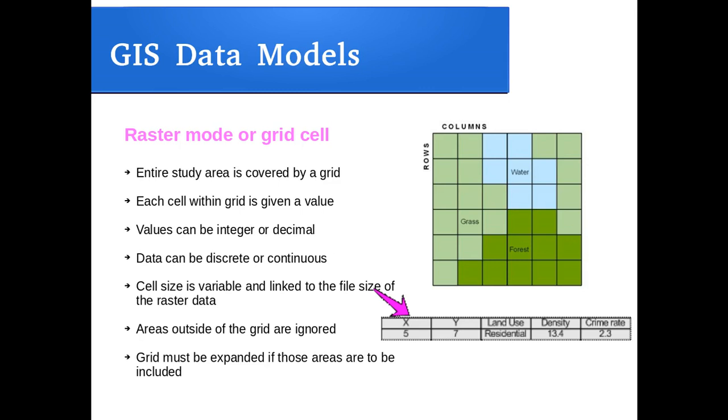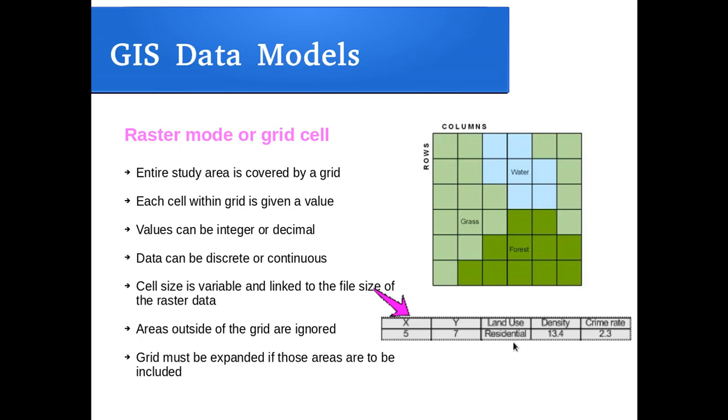That is basically a mode where all the information in the real world is modeled using rows and columns that you can also call pixels. And the main difference compared to the vector mode is that the information is stored actually in each of the cells that you can see on the screen, and those cells can have an attribute such as the x and y coordinate or any other specific information about that specific place.